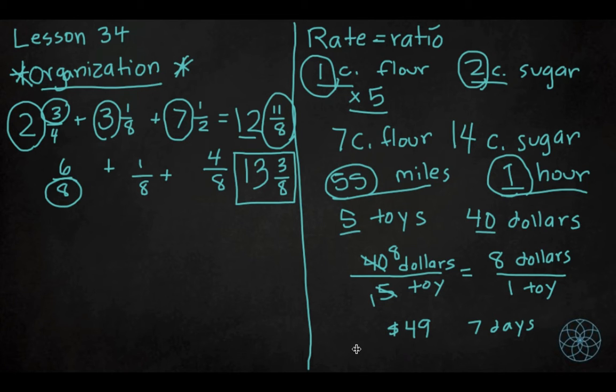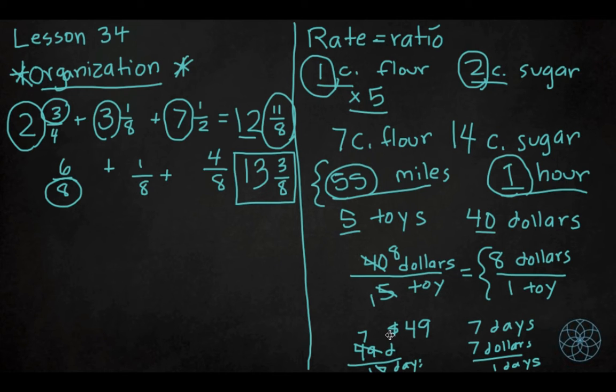So if you spend $49 in 7 days, let's simplify that. 49 divided by 7 is 7. 7 divided by 7 is 1. So your rate of spending would be $7 per 1 day, or spending $7 every single day. So these are very practical types of equations. We can use it for figuring out budgets, recipes, and speeds.